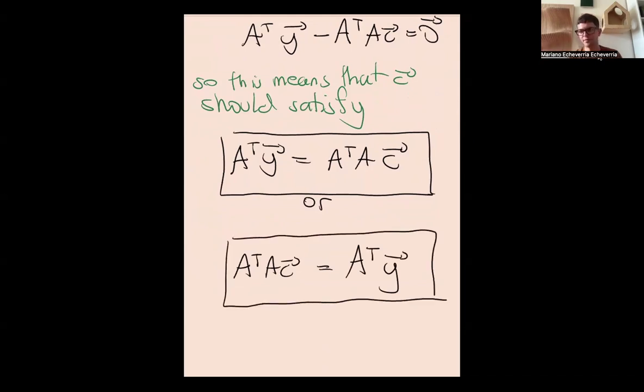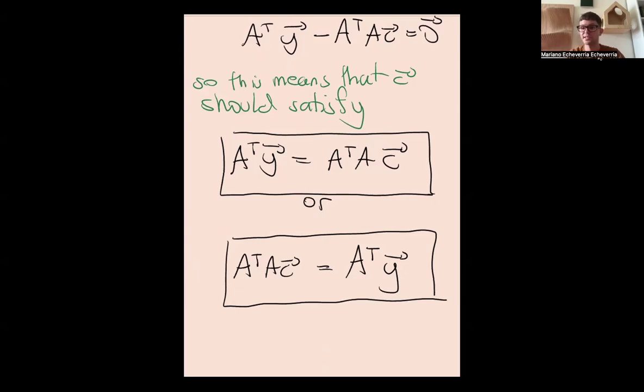And this second version of writing it is what's called the normal equations for the polynomial least squares method. And this is what you have to solve in general.